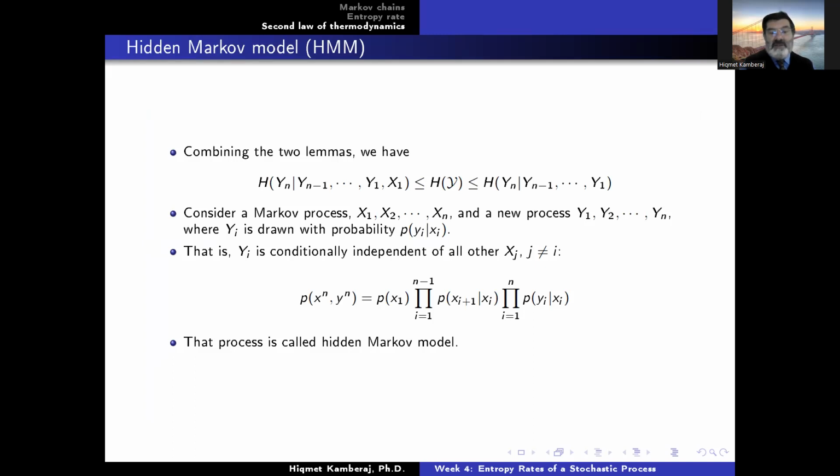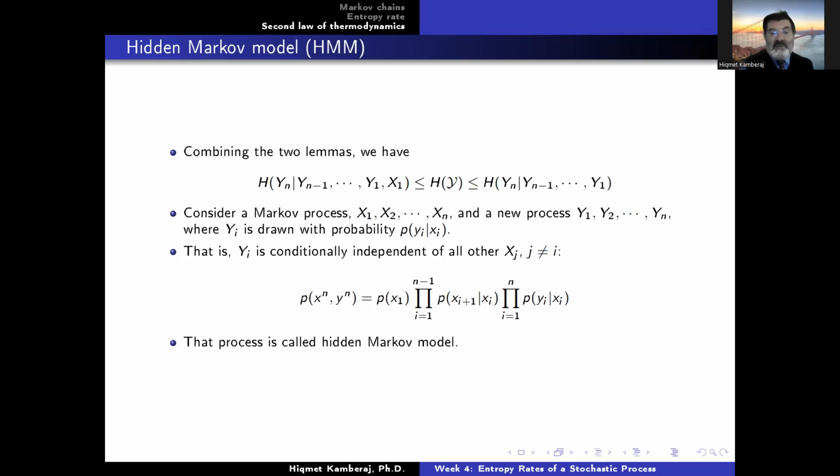Combining the two lemmas, we have that the conditional entropy of yn given y n minus 1 up to y1 and x1 is less than or equal to the entropy rate h of the process, and it is less than or equal to the conditional entropy of yn given y n minus 1 up to y1. This uses the previous two lemmas, but also the fact that conditioning reduces the entropy.